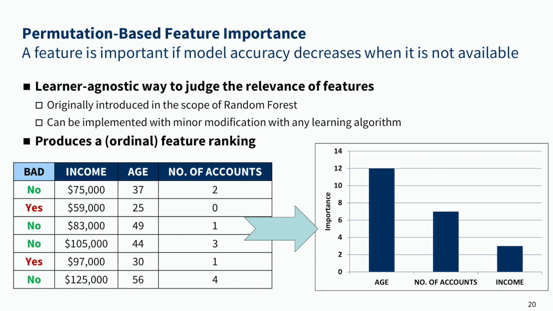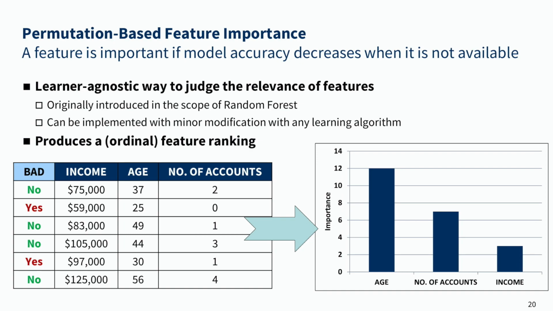Let's look at the output first. You see on this slide a standard supervised machine learning dataset with a target. In my case here, this is a binary target, credit risk, good or bad, and some features. And this post hoc explanation technique will deliver you something like the bar plot you see on the right-hand side, a quantification of the importance per feature that you can then compare across features.